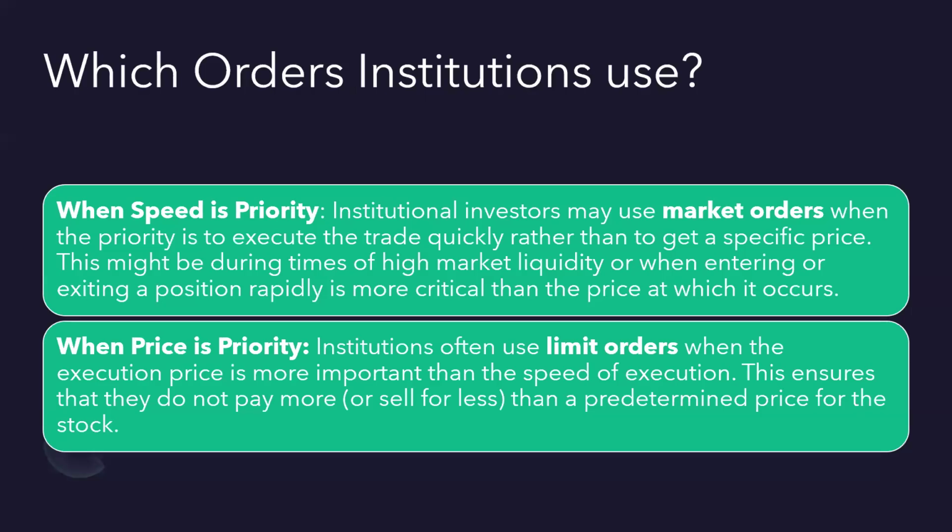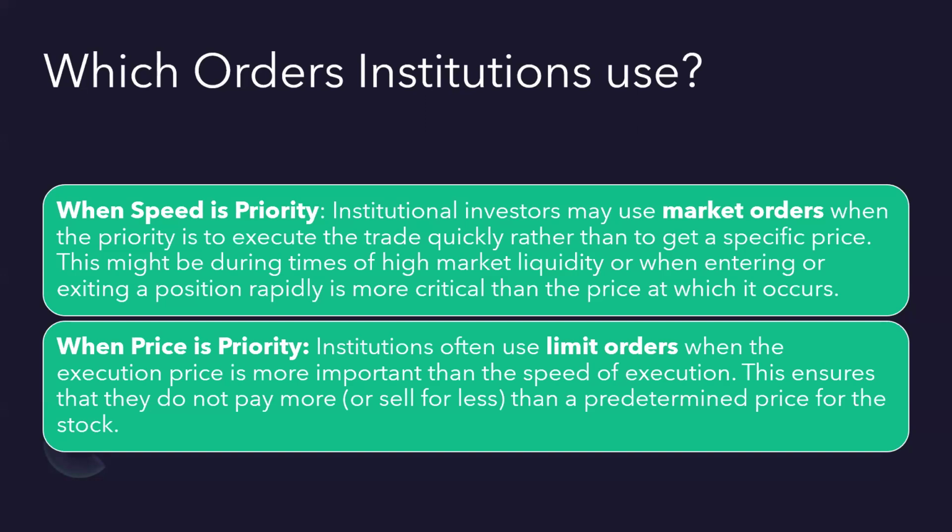And when it comes to institutional orders, whether they use limit orders or market orders is a primary question I'm sure you might have in your mind. Most of the time, institutions use limit orders because it has a great advantage.